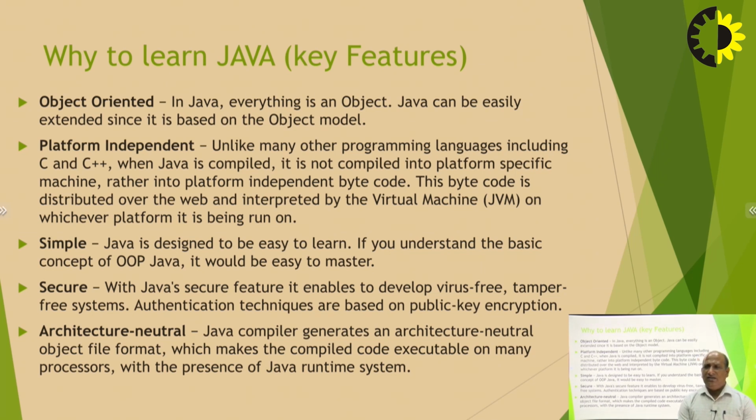Java has a lot of features. Some of the features I have mentioned here: Java is an object oriented programming language. Everything is treated as an object. An object is a real time entity that has some attributes and behavior, and the real entity can be simulated in our project.